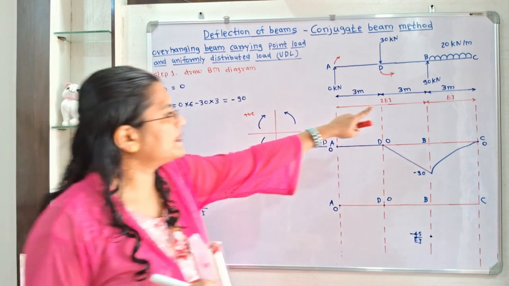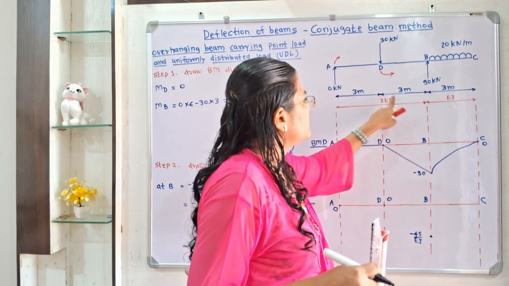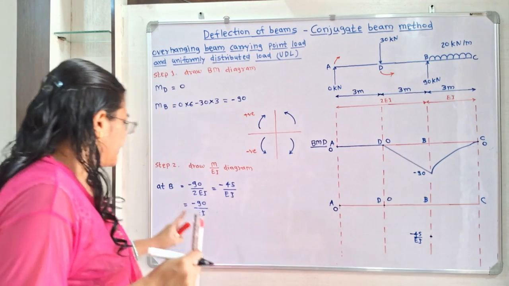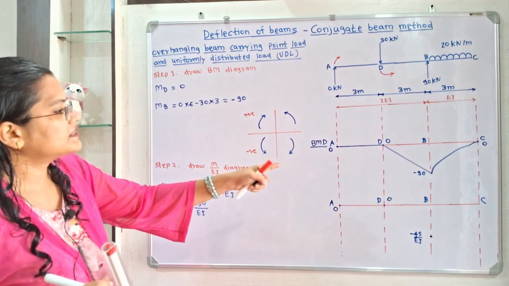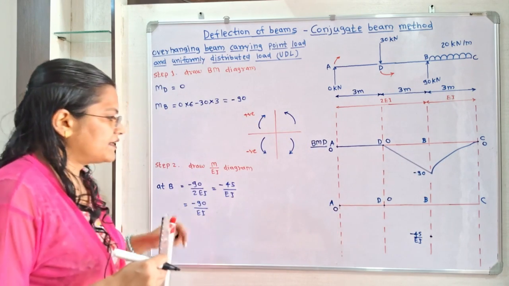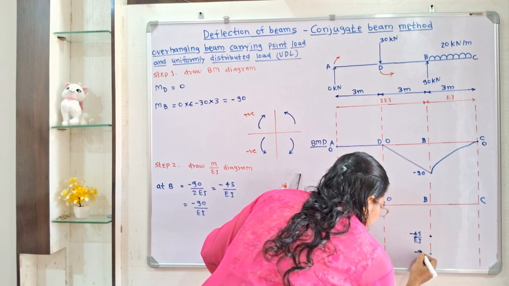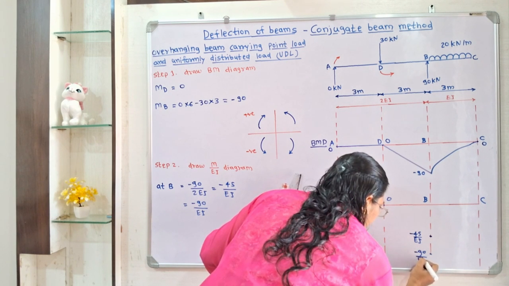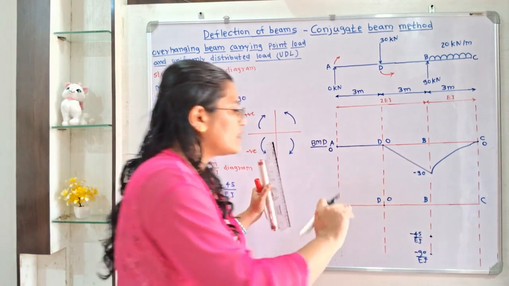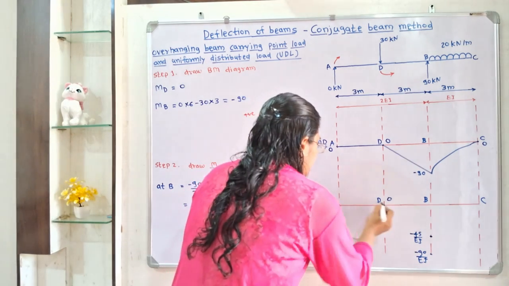Now for part BC it is EI. So point B is the part of this 2EI as well as EI. So I will take minus 90 divided by EI. So it is minus 90 by EI. So I will mark here one point, minus 90 by EI. Now we have to connect all these points. So again we will connect 0 to 0.